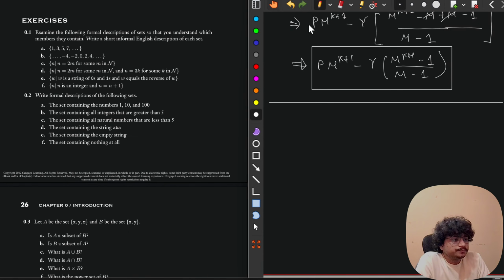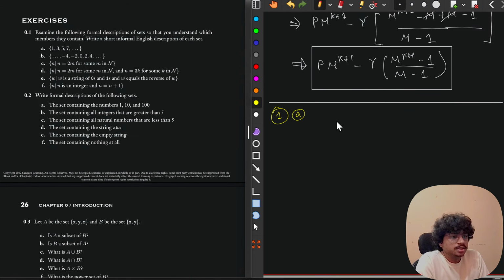Question one: we have to write informal English descriptions of these sets, since the formal descriptions are given. For the first part, I see simply the set of odd numbers.